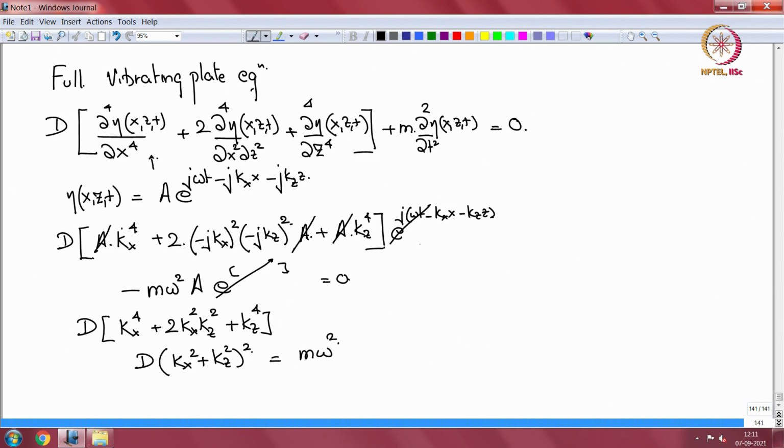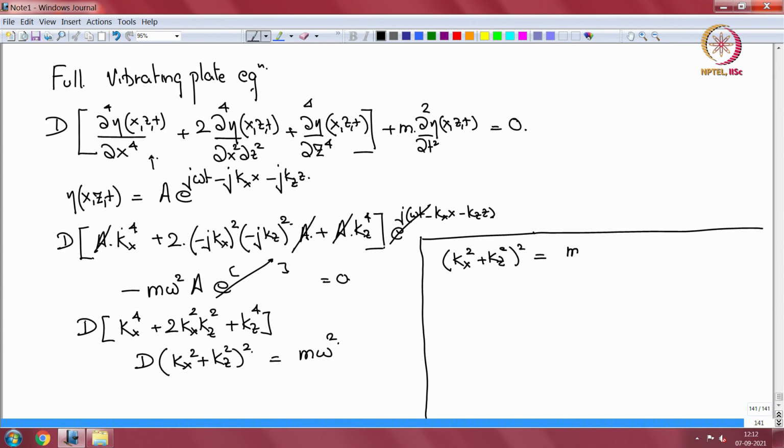Okay, so if I carry on here, I get (kx² + kz²)² equal to m ω² by D, and if you recall, this is actually kb to the fourth, the free wave number in the plate.